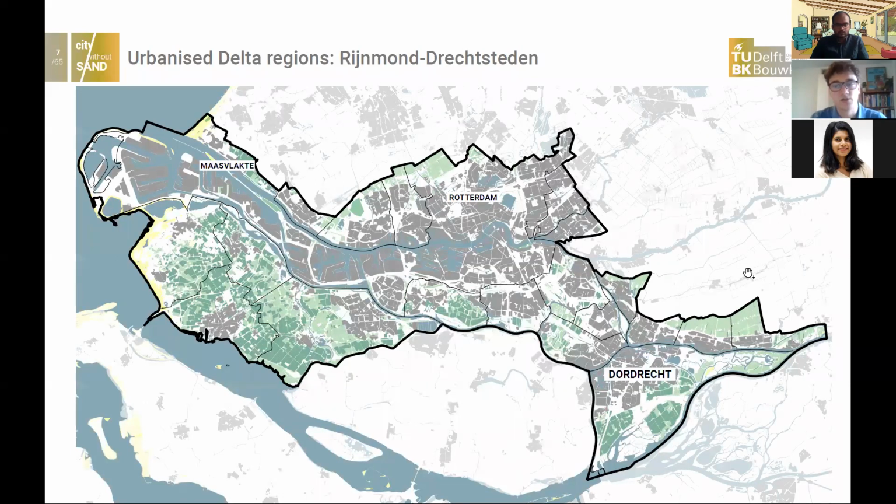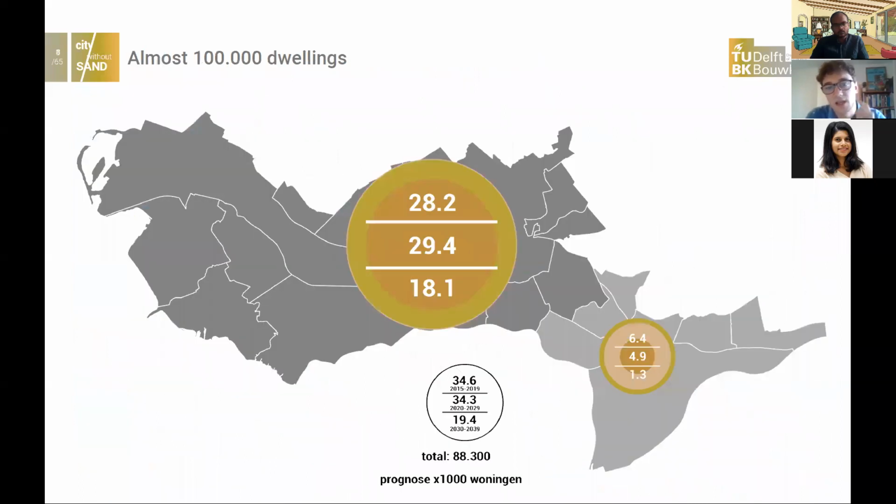So it actually is two conurbations linked together, and the Rhine-Meuse estuary is an important part of it. And subsidence and fill sand are also important here in the urban development. And as I already mentioned, it has a certain demand for housing in the near future.